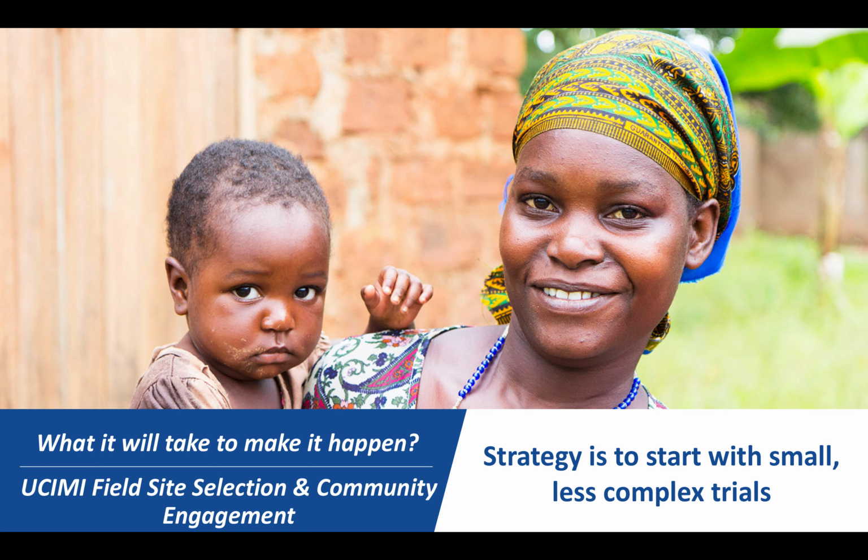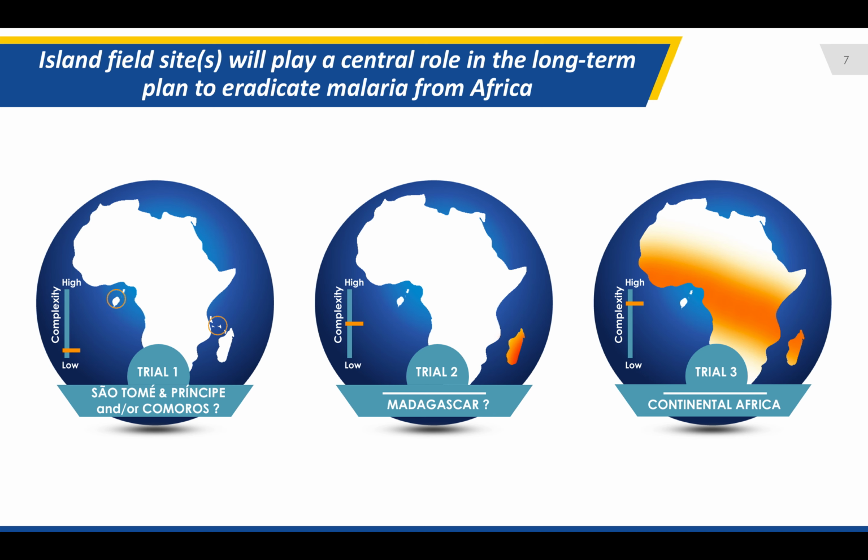In other words, what do we need to do in order to put these mosquitoes in the field? We believe that our best strategy is to start with small, less complex trials, like for example, islands. So we need to choose a less complex locality to start with our field trials.